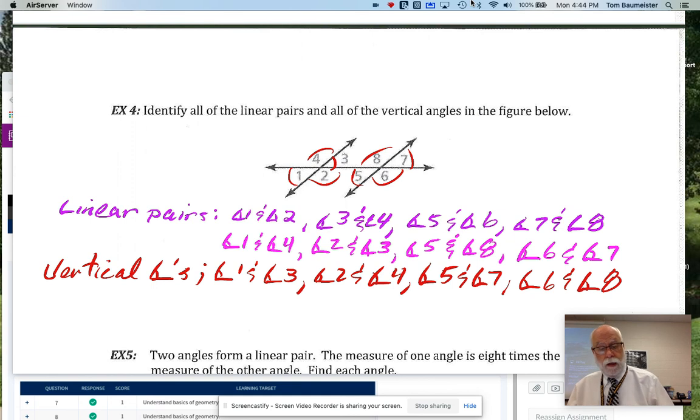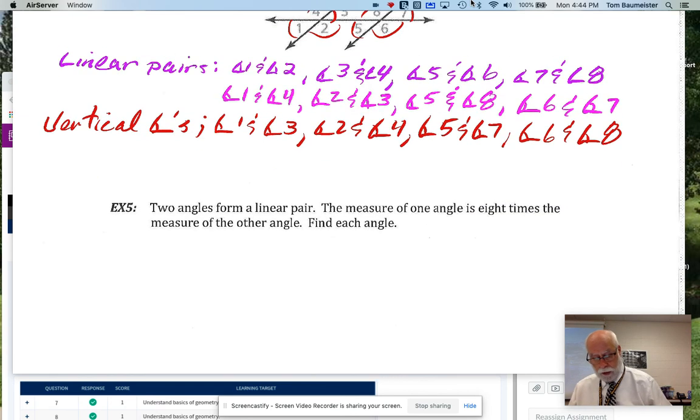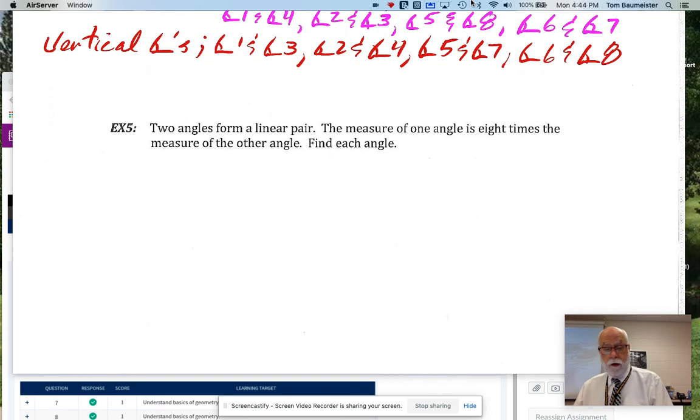So I think, let's see, we have one more example here. So two angles form a linear pair. The measure of one angle is 8 times the measure of the other angle. Let's find each angle. All right, so easiest thing to do if they don't give you one, draw a picture.